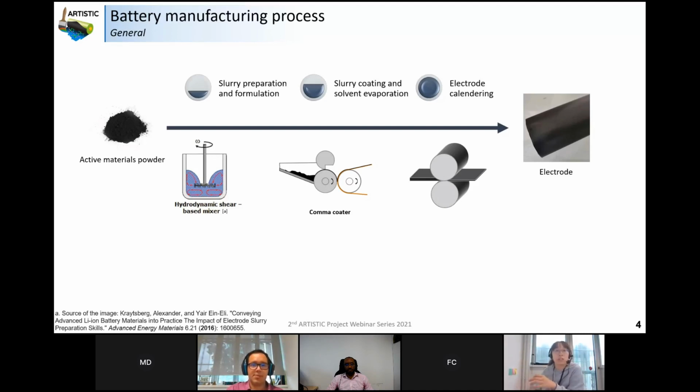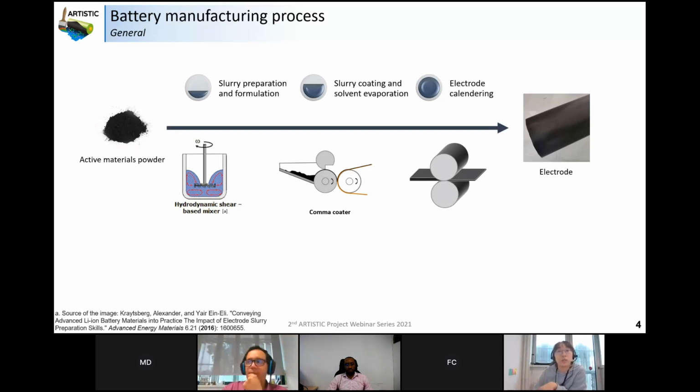For the cathode, aluminum foil is used as the current collector, and for the anode, we use copper foil. The commonly used coating methods include the doctor blade, slot die, and the comma coater. In our project, we use the comma coater to do the coating.